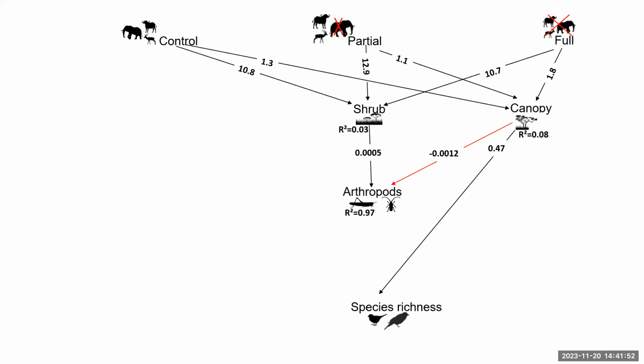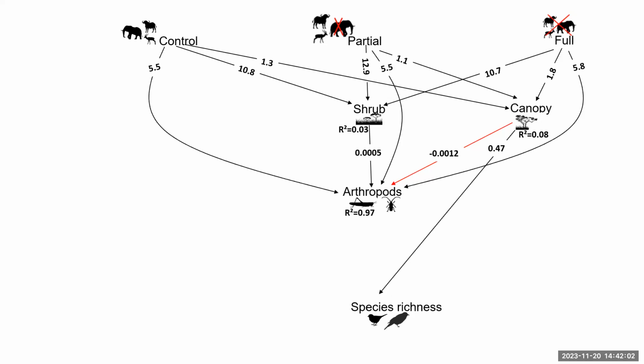Remember that we said large herbivores may impact arthropods directly or indirectly through vegetation. And now we see this direct effect of large herbivores on arthropods. So in general, arthropod abundances did not vary in these three treatments. And how did that play out to influence bird diversity?